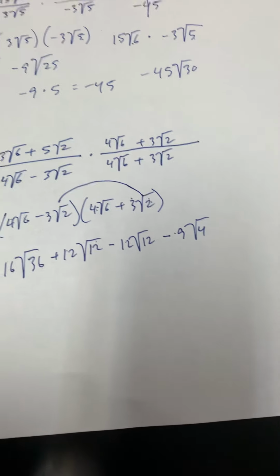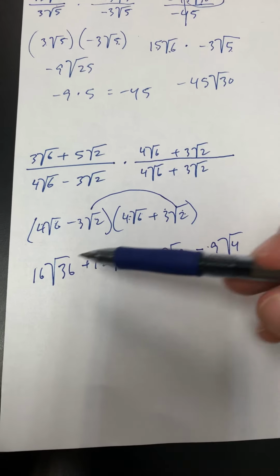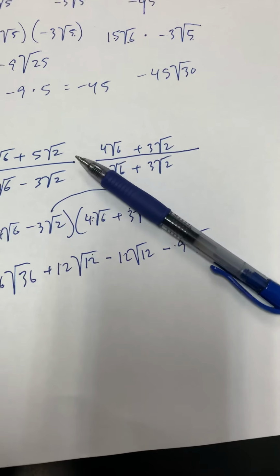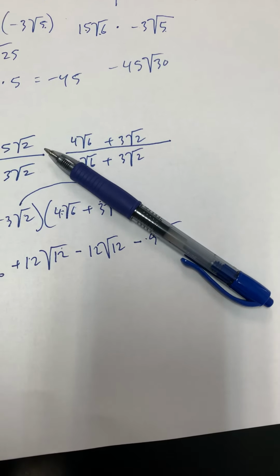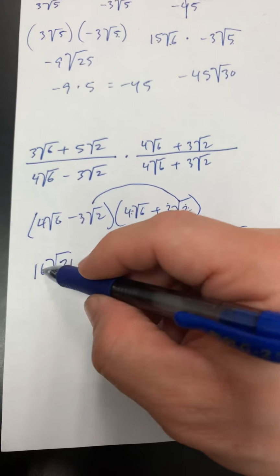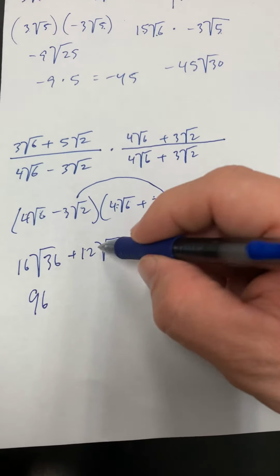All right, now 36 is a perfect square. So this is the same thing as saying 16 times 6. So 16 times 6 is 96. These cancel.